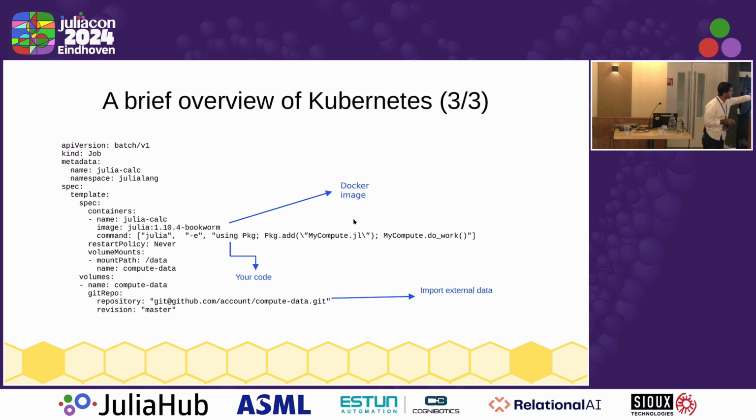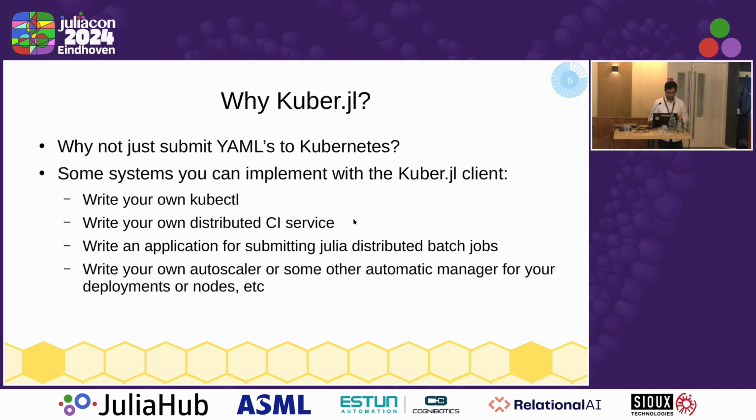You have a command which just adds a package and runs a method in that package. Optionally, you can have some external data. For example, here there's a Git repo, but you can use things like NFS or S3. And there are a few other options. We'll see them later, but this is a basic structure for context.